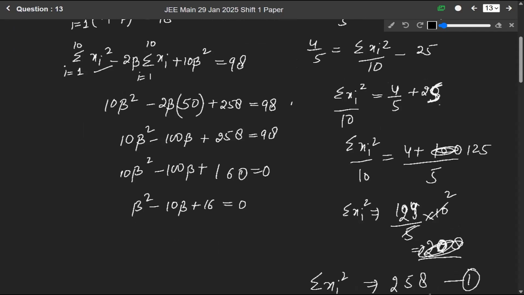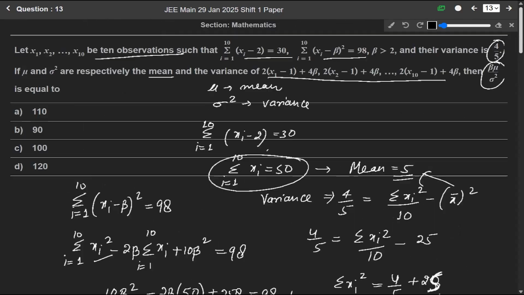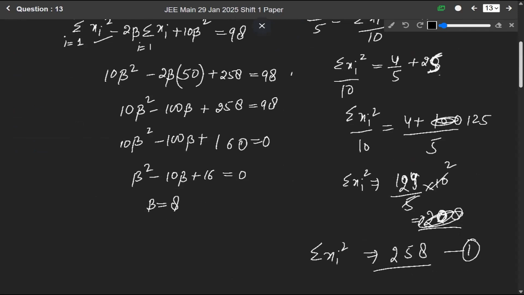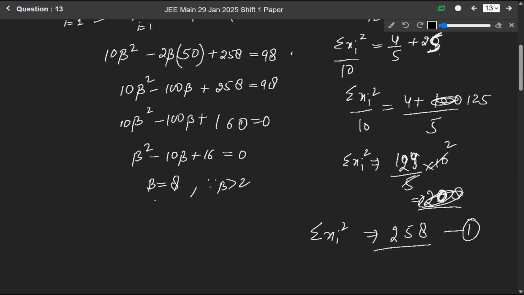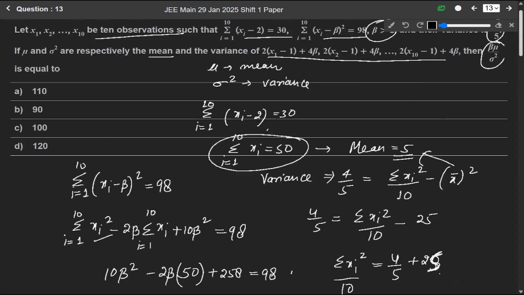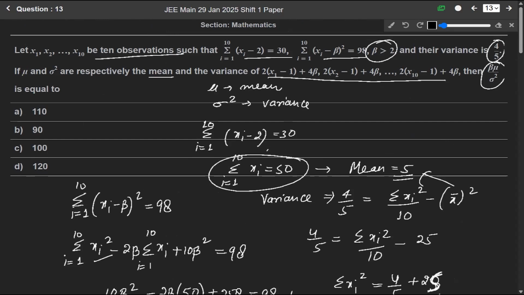So when we solve it, we get beta equal to 8, since beta is greater than 2. So beta will be equal to 8. Now, as per the question, we have 2x1 minus 1 plus 4 beta, 2x2 minus 1 plus 4 beta, up to 2x10 minus 1 plus 4 beta.